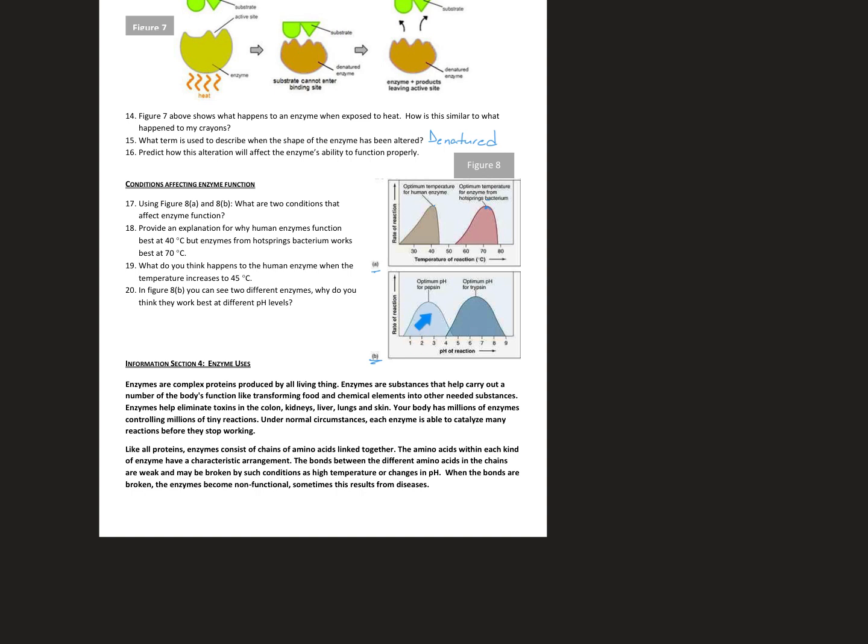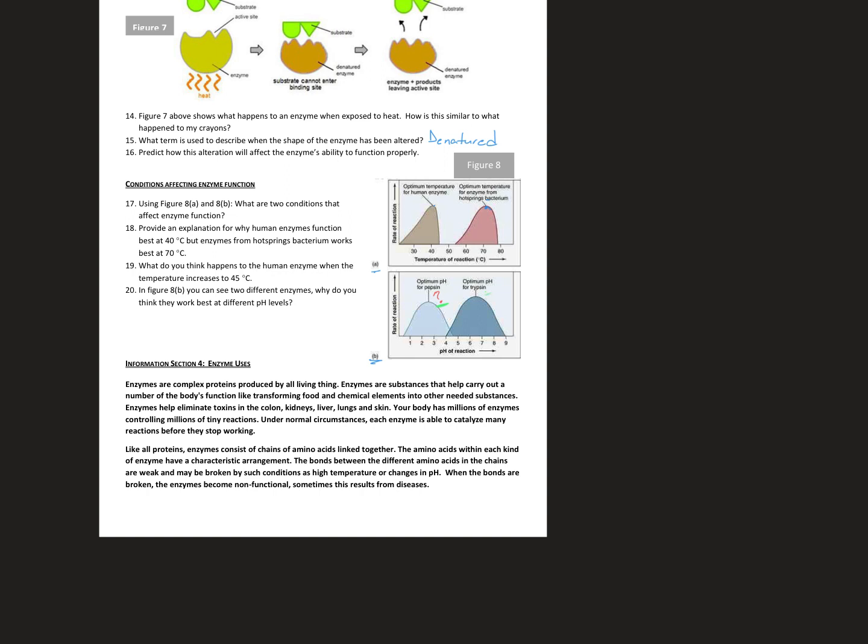If you're looking at the human body, where might you find pepsin? What do you think? Well, I hope you know that the human stomach is acidic, where most of the rest of the body is not acidic. So you're likely to find pepsin in the digestive system of humans.